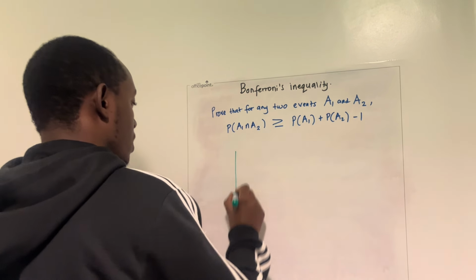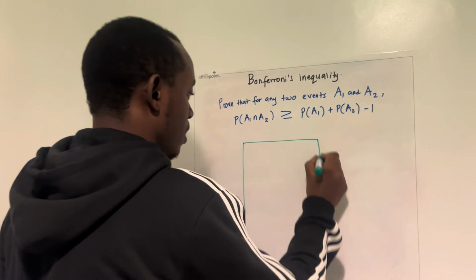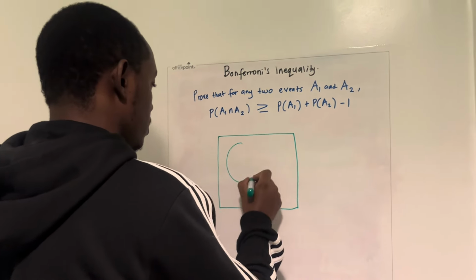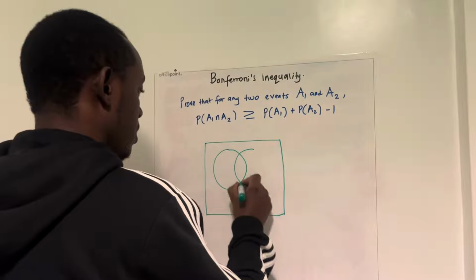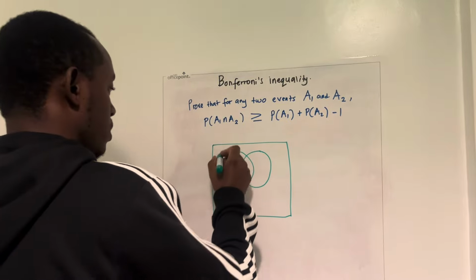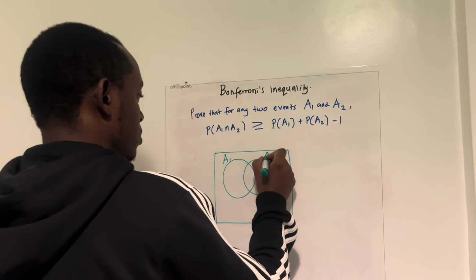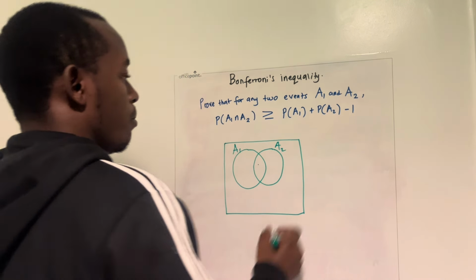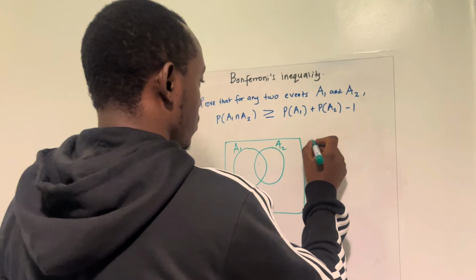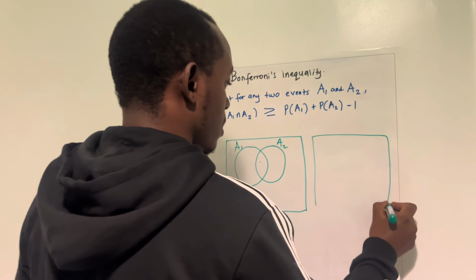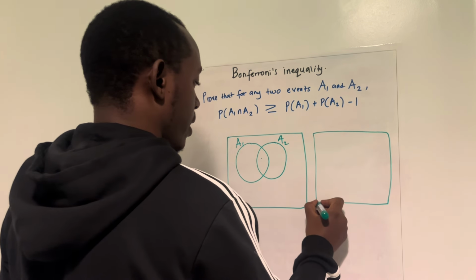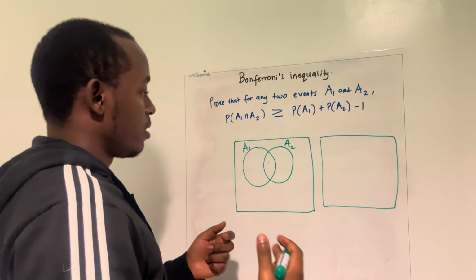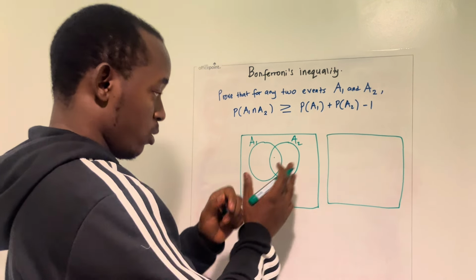Let's say we have this is our sample space, and then this is event A1, and then this is event A2. Normally this is what you're used to, and of course you know that's the intersection. But it can also be the case that the sample space is not so evenly distributed between the two events.